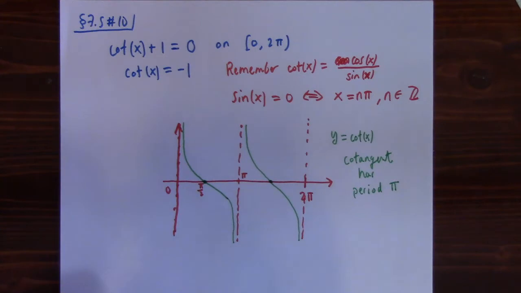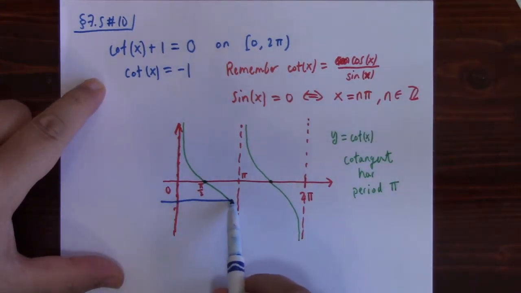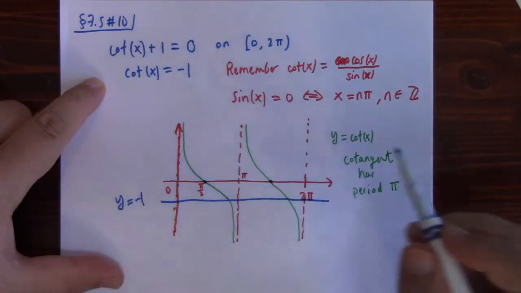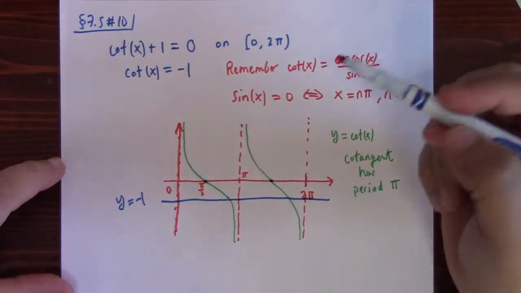And so the solutions, we're looking for equal to minus 1, so that's something like this right here. I'm probably not doing justice to it, but there's y equals minus 1. So how can we get cotangent equal to minus 1?